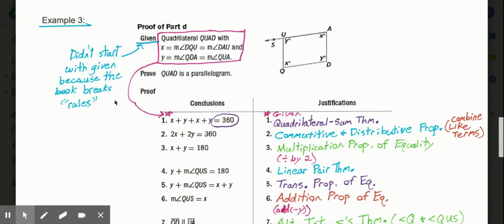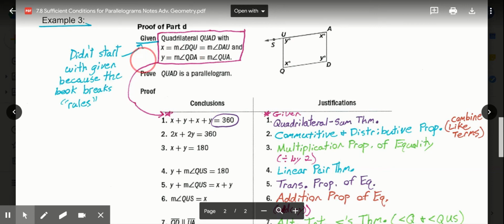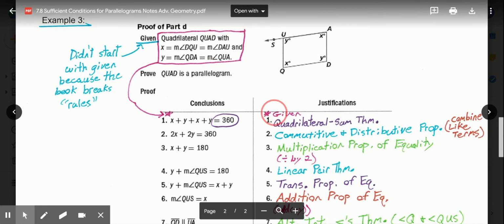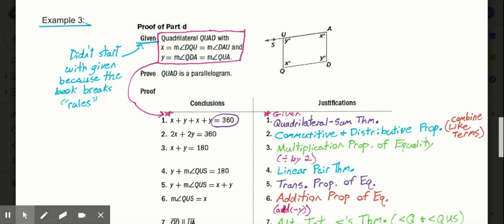Now, when we look at their proof, the only explanation that I really have for them not starting with the given information is, as I noted there, the book likes to break the rules. So again, you should take the given info, start your proof with that as your first conclusion, and your first justification is the given.